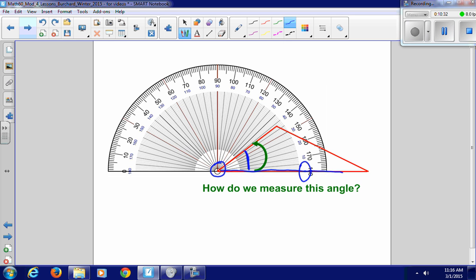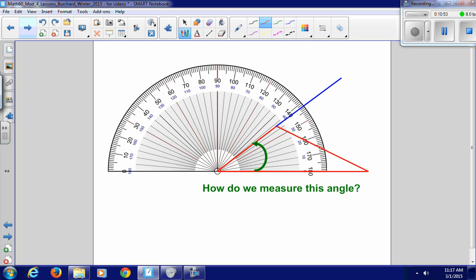And so we line it up with that, and that means we know we're going to be reading off of this scale here, because that's the 0 I lined it up with. I lined it up with that inner scale 0. The outer scale reads 180 there, so I know that's not the scale I'm going to use.